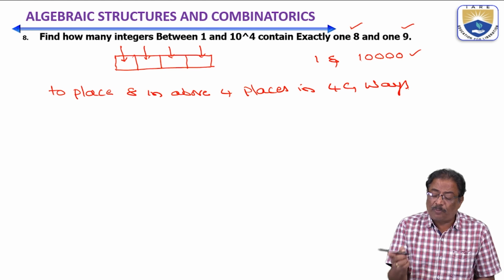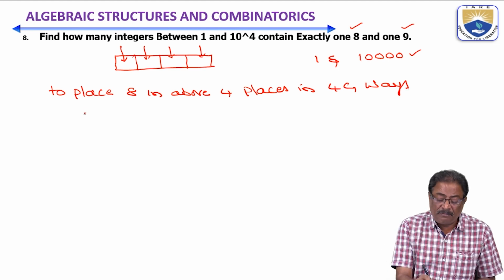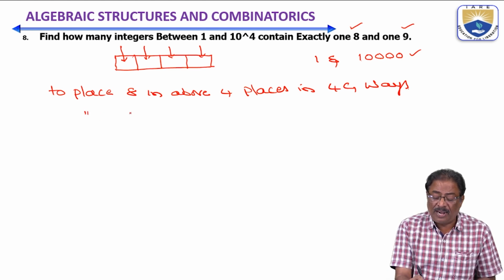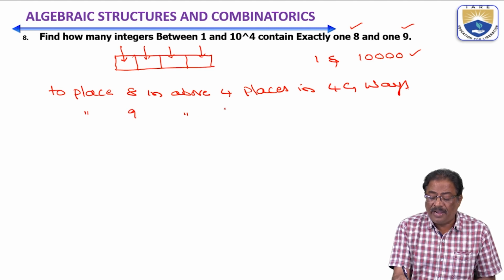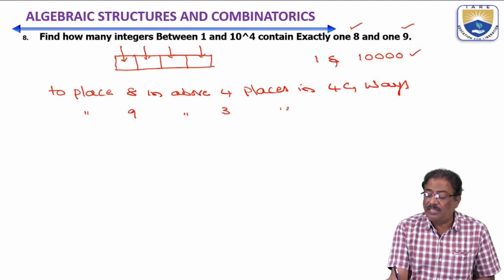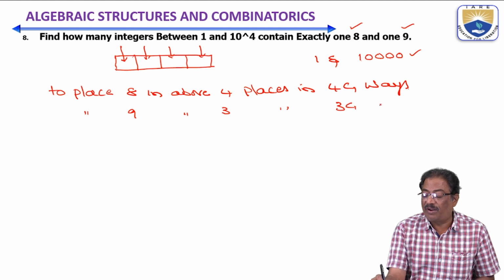See, one place is occupied by 8, and the remaining places, there are 3 places will be there. 9 is going to be placed in those 3 places in 3C1 ways.